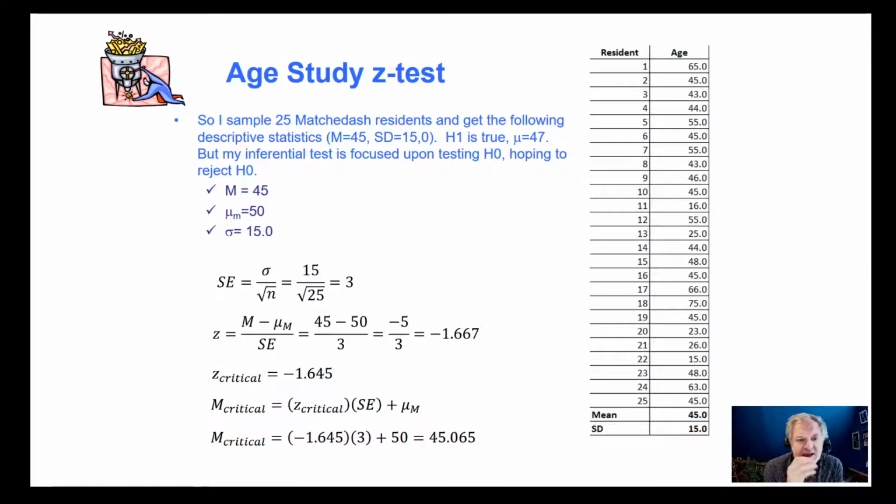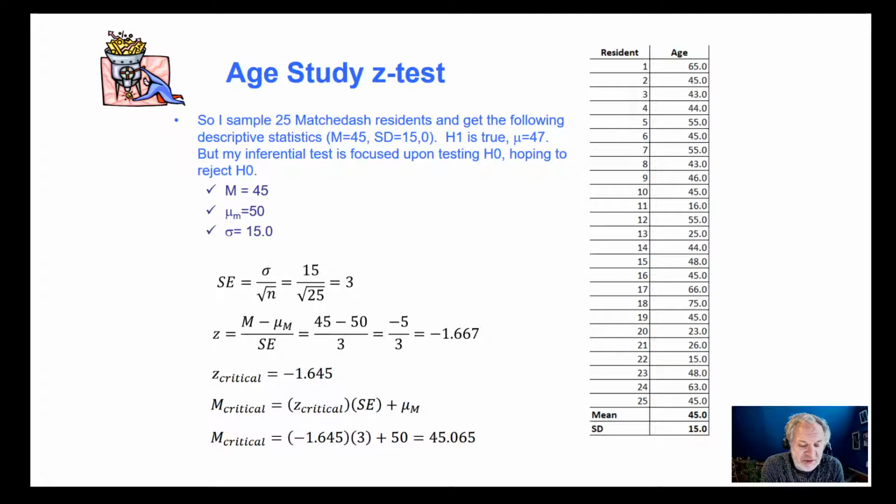Okay, this is what you would do. This is what you would report. Nothing will change, right? So I'd make these conclusions. But when I'm doing my research design, I've got to think, okay, what if the alternate hypothesis is actually true, let's say the mean is 47? If I go with that distribution and use my m-critical of 45.065, that's not going to change.